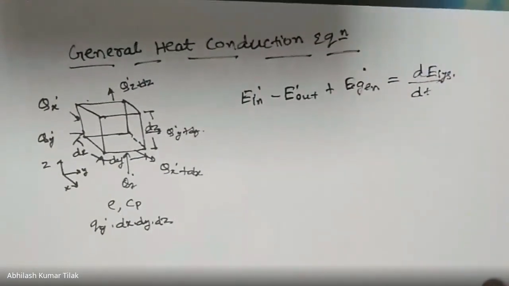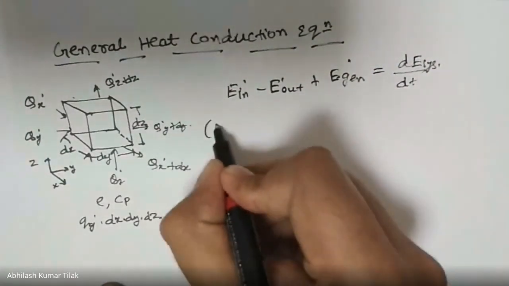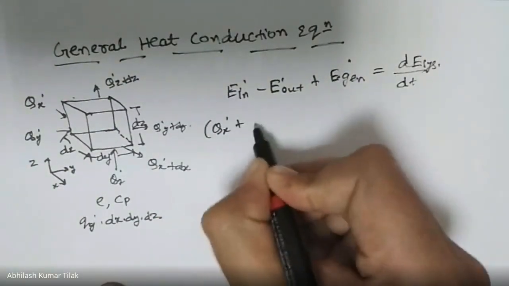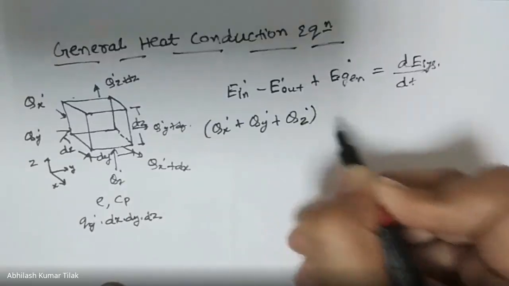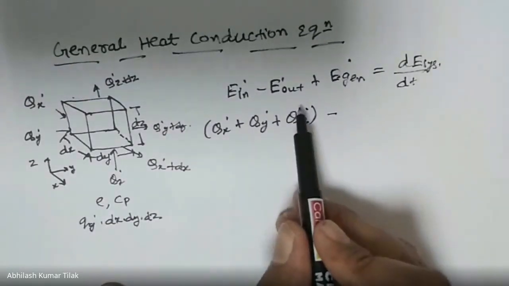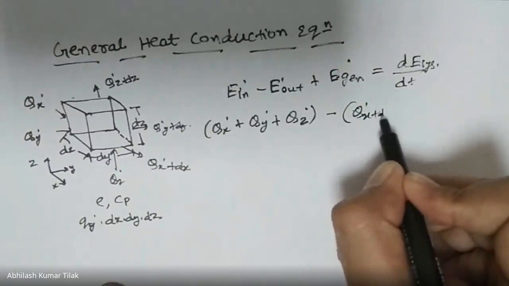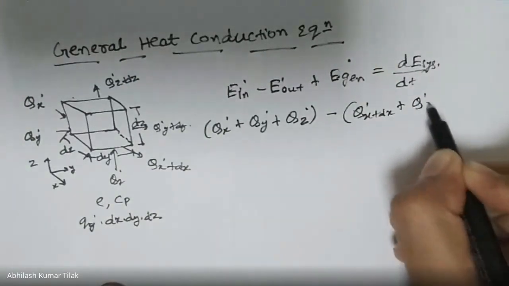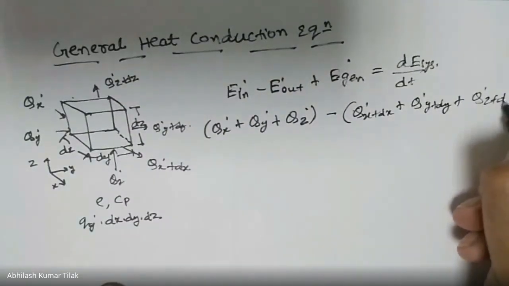Change in the energy of the system. So I can write for energy in, I can write it as Qx plus Qy plus Qz, minus E out. E out would be Q of x plus dx, plus Q of y plus dy, plus Q of z plus dz.